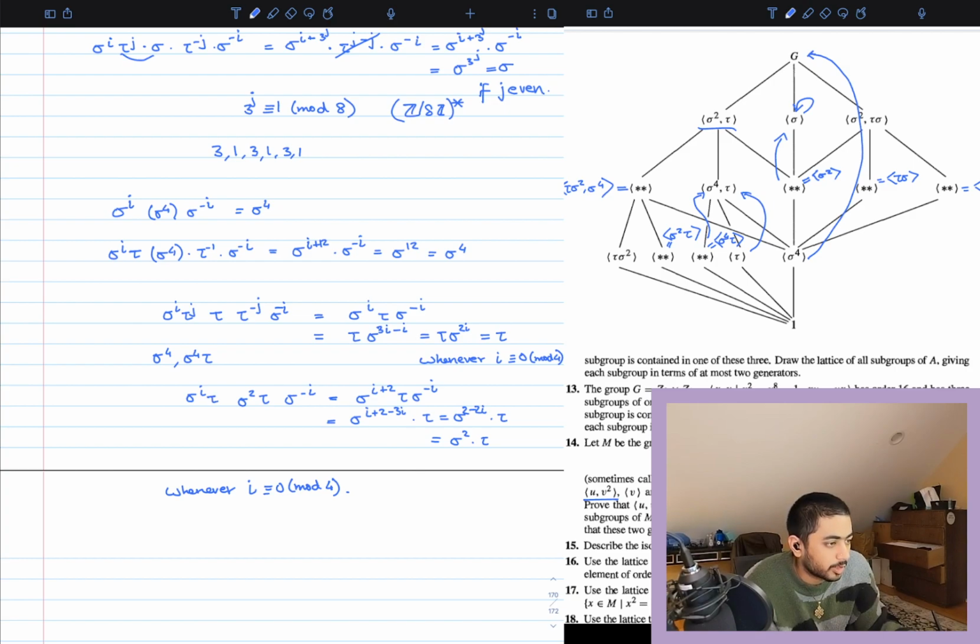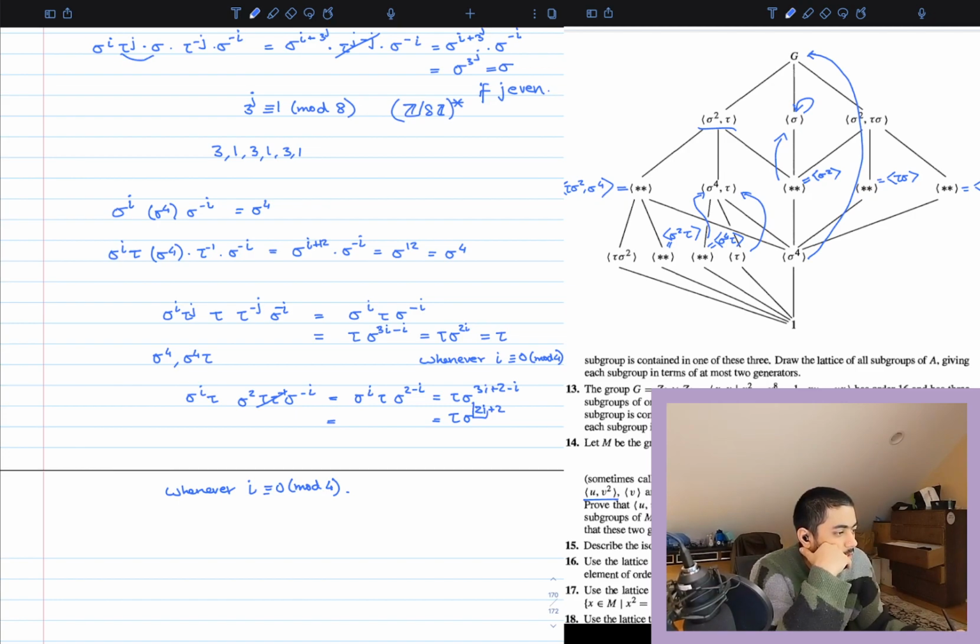What about when you have another tau thrown in, like this? What happens then? Well then, these cancel out. We're left with sigma i tau sigma 2 minus i, which is tau times sigma to the 3i plus 2 minus i, which is tau times sigma to the 2i plus 2.